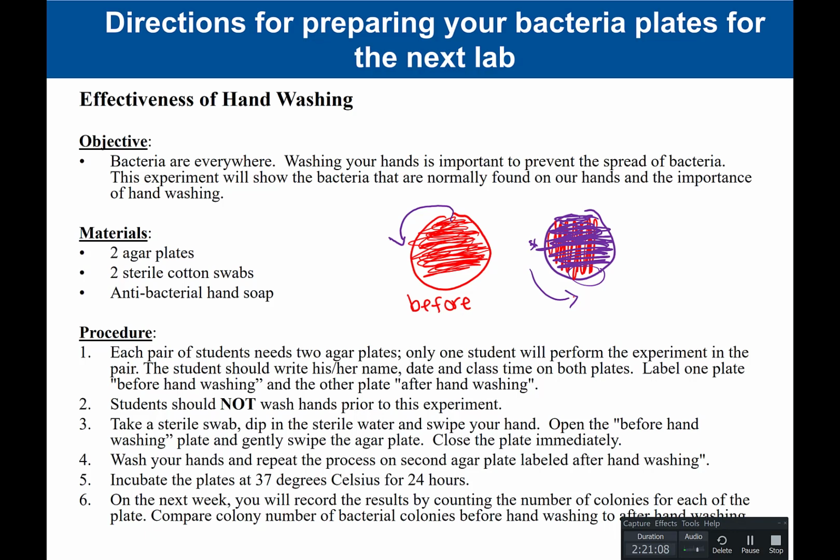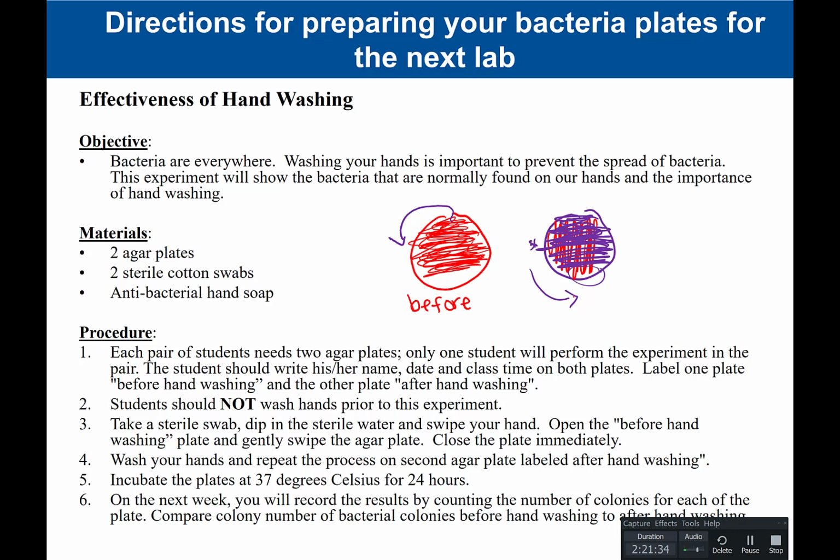And then you would repeat the experiment. You would get a new sterile swab. You would dip it in the sterile water. Then you would take the same hand that you used before. So again, if I used my left hand for the first plate, I need to use my left hand for the second plate. I'm going to swab my hand after my hand sanitizer, in the same way that I swabbed it the first time.